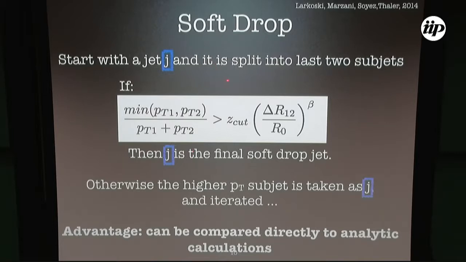So the soft drop essentially is you start with the jet and undo the last step of the clustering. If the minimum PT of the subjets, so we call the last step subjets, is greater than a certain fraction, there are a few parameters in the algorithm, z cut and beta. If this is satisfied, then you keep the jet. Otherwise, you iterate, and then at some point you get your soft drop jet.